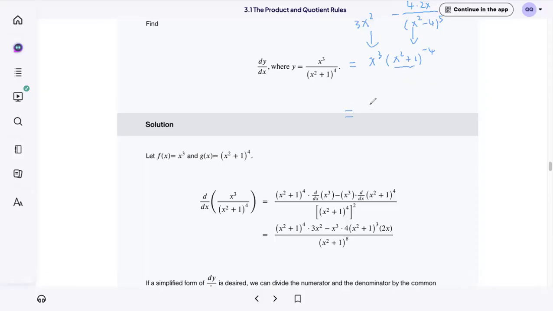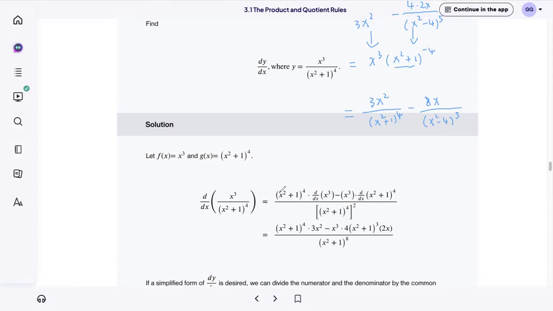Then I can put it together as the first one, the derivative of the top divided by the bottom, minus 4 times 2x, 8x, divided by x squared plus 1 raised by 5.